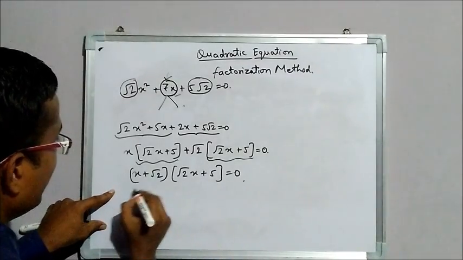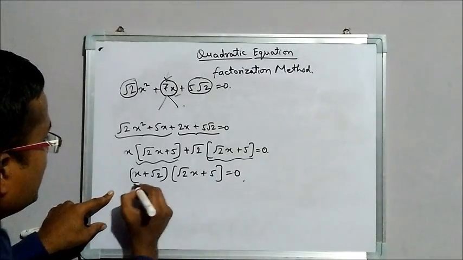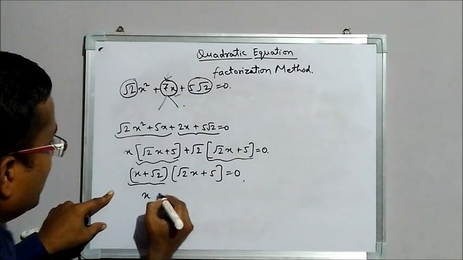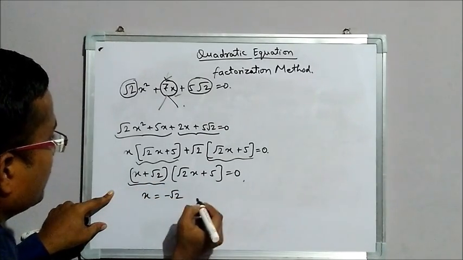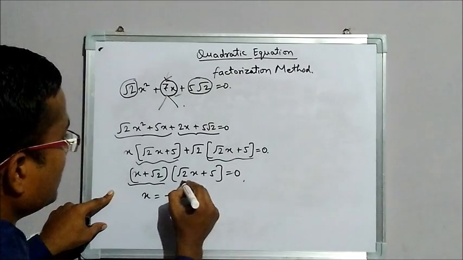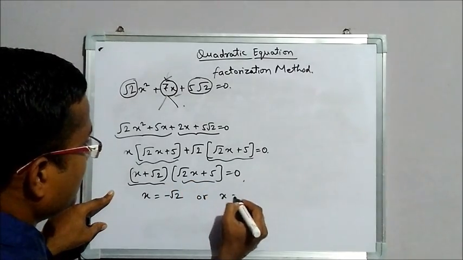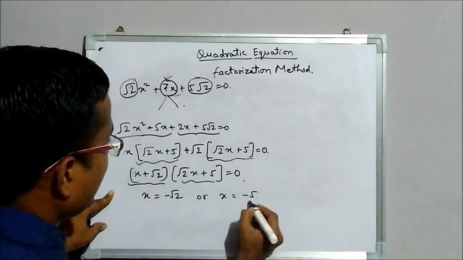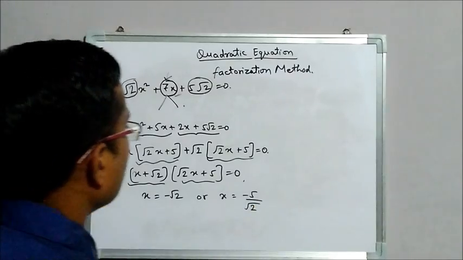Now what is the value of x? Taking the first term, x equals minus root 2, or taking the second term, x equals minus 5 by root 2.